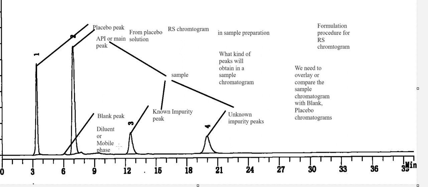When you compare the sample chromatogram with the blank and placebo chromatograms, we will know the position, the RT of the blank peaks and the placebo peaks. By comparing that, we will eliminate these peaks from the calculation. The rest of the peaks will be the main peak and the known and unknown impurities.